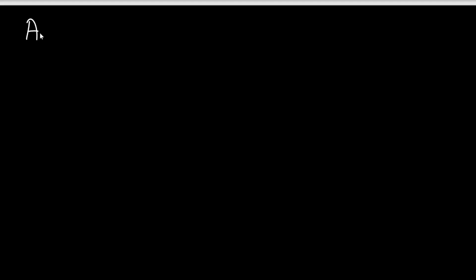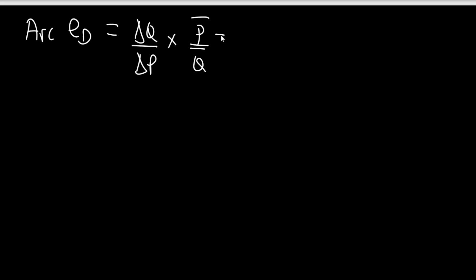So the arc or the average elasticity for product B is going to be the change in quantity for product B over the change in price for product B, times the sum of the price over the sum of quantity.